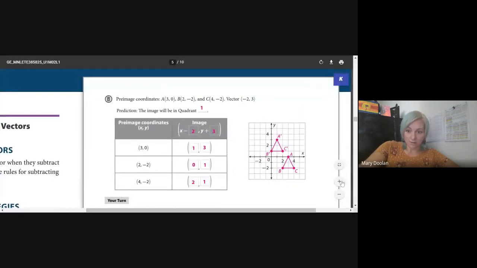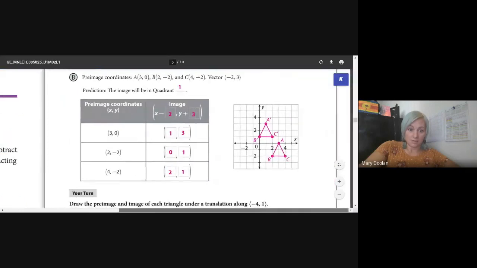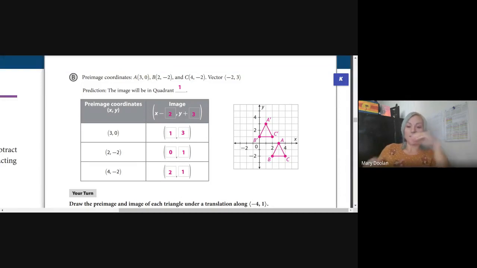Okay. So what I'm presenting to you right now, this is the correct answer that you should have for that one. And I know it's a little bit confusing because the x coordinate of the vector is -2, which means I'm going to subtract 2 from all the x's, but in that dark gray box, it has x minus already. So it's understandable if you made the real easy mistake of putting -2 in the box, but you should actually have +2 in the box because you already have the minus sign next to the x.